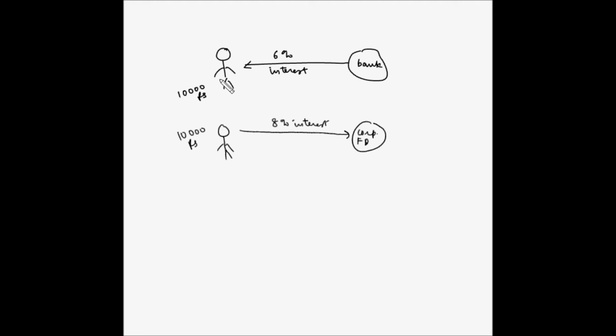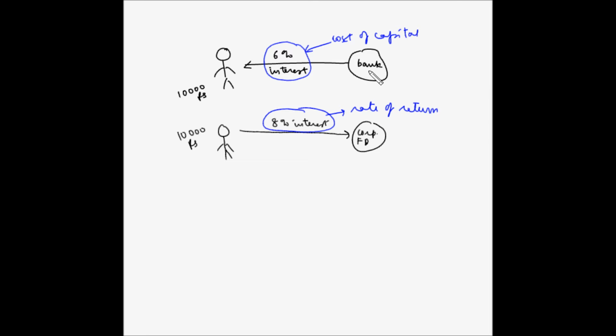So if we take you as the reference point, then this 6% interest is your cost of capital, while this 8% interest is your rate of return on the investment that you have made.